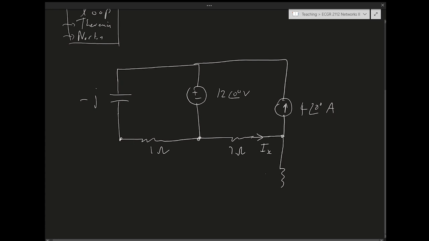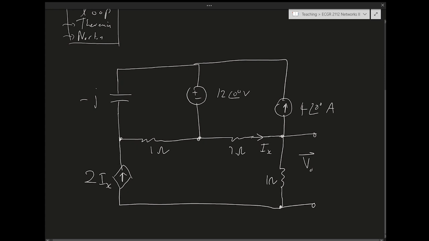And then 1 ohm. Then we're measuring this voltage, V out. It's a phasor, of course, because the sources are phasors. And then here is the dependent source. So this is a current source that depends on Ix, and it's 2Ix. And then finally there's an inductor here of J1 ohms.